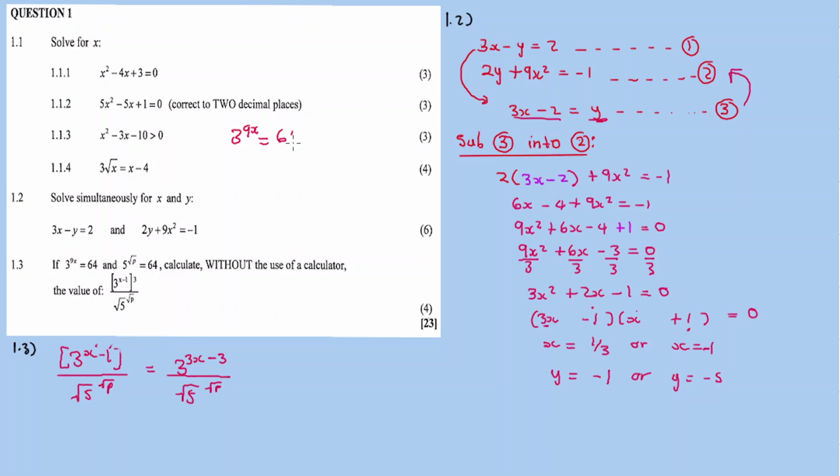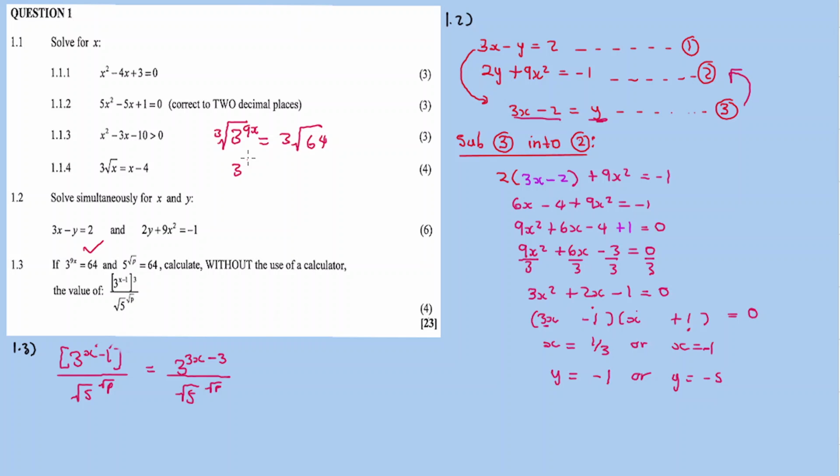Guess what? I'm going to take the third root on both sides of this equation, 64. So it gives 3 raised to exponent 9x times 1 over 3, the third root, right, equal to, what's the third root of 64?